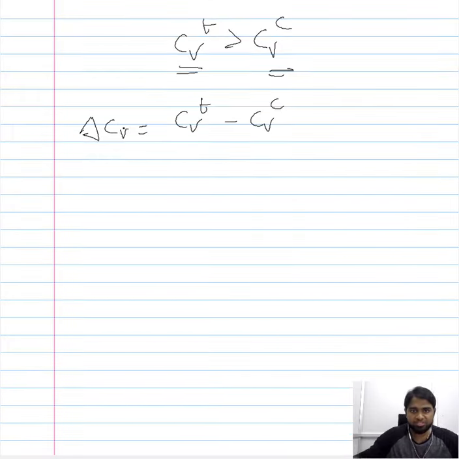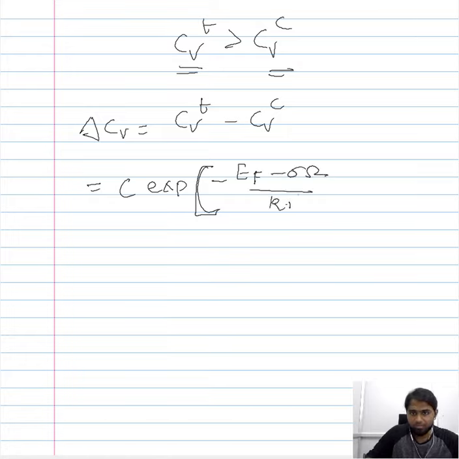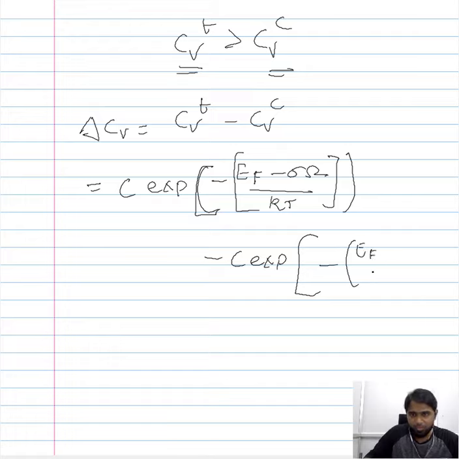We know the expression for CVT, and substituting those expressions, it is C exp of minus the energy required for the formation of vacancies minus the reduction of it because of the stress contribution, so we have this term here, minus C exp of minus the energy required for the formation of vacancies plus the compressive stress contribution term here.